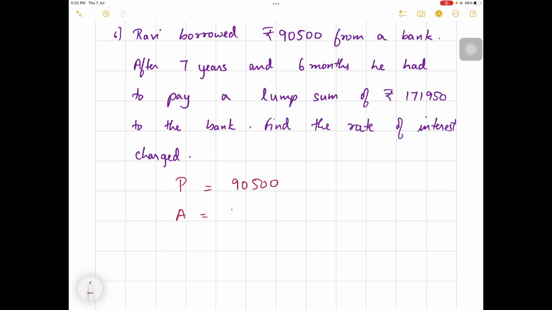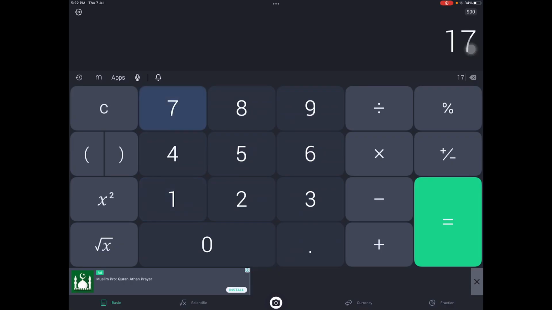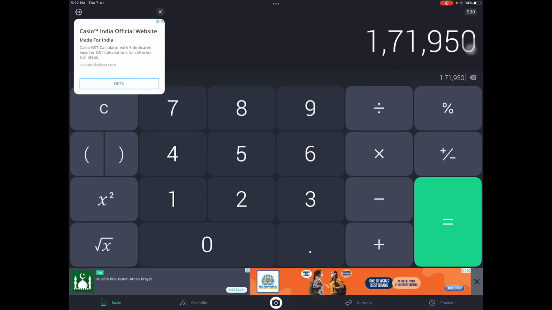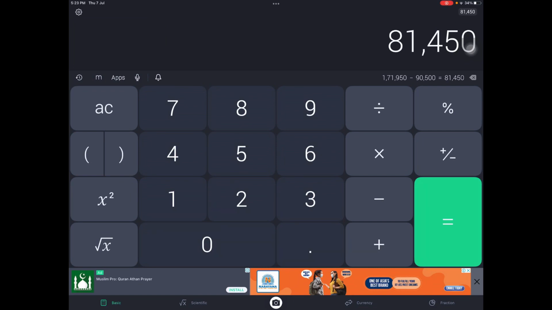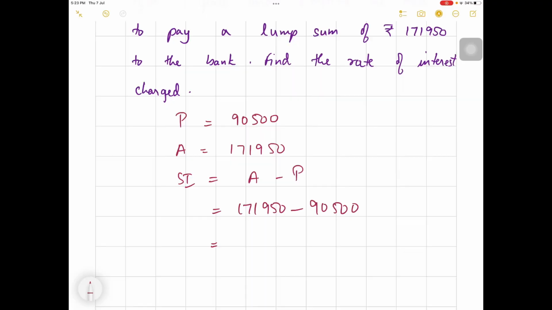Amount is given as 171,950. So simple interest is amount minus principal, which is 171,950 minus 90,500, which is 81,450.